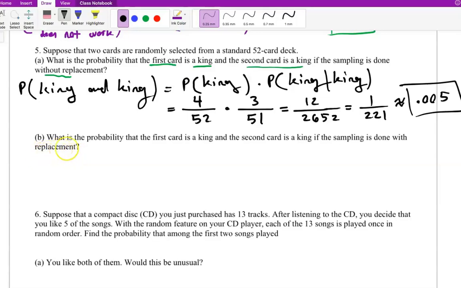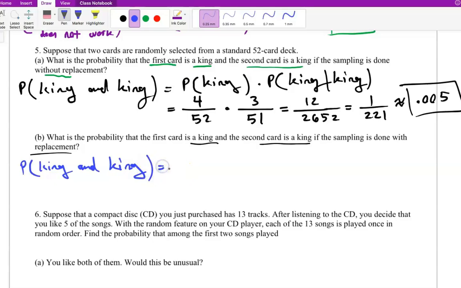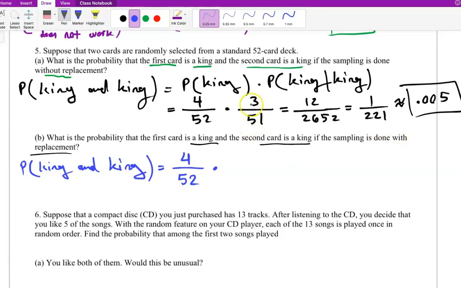Now here we have with replacement. What is the probability that the first card is a king and the second card is a king? The only difference here is that this part is with replacement. So we have the first one king, second one again king. This part is exactly the same, multiplied by the second try. Since this is with replacement, we have to replace that first card.